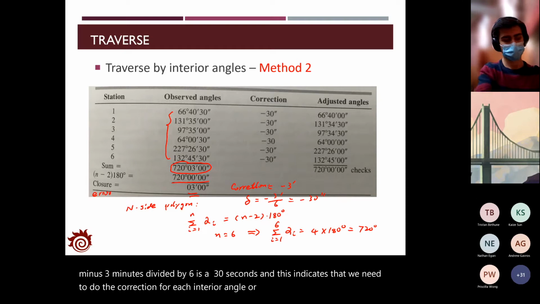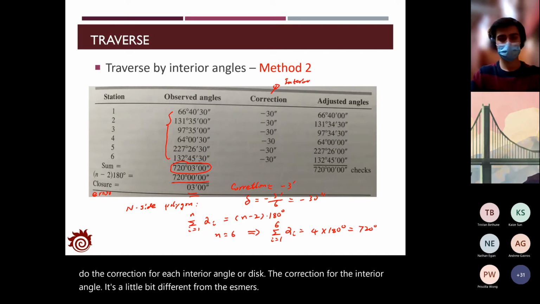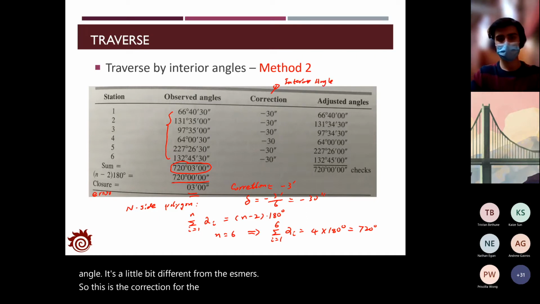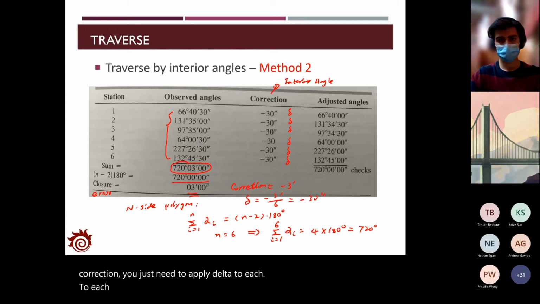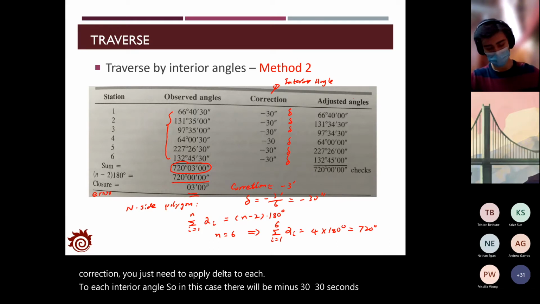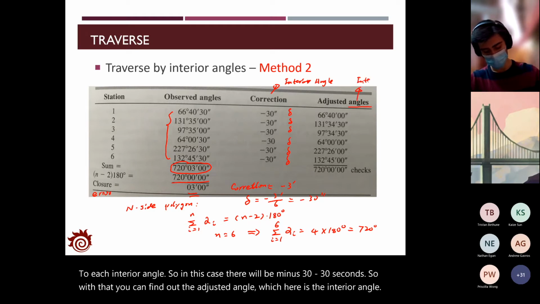The correction for the interior angle is a little bit different from the azimuth. So for the interior angle, you just need to apply delta to each interior angle. In this case, that will be -30 seconds. So with that, you can find out the adjusted interior angle.